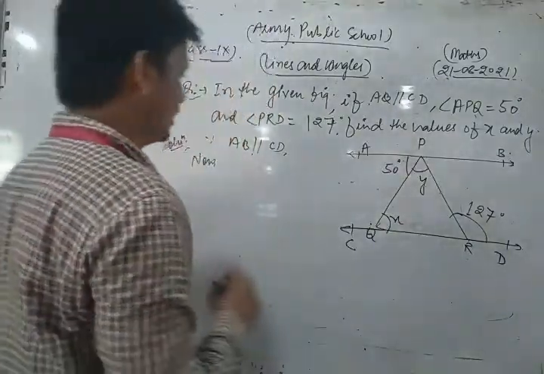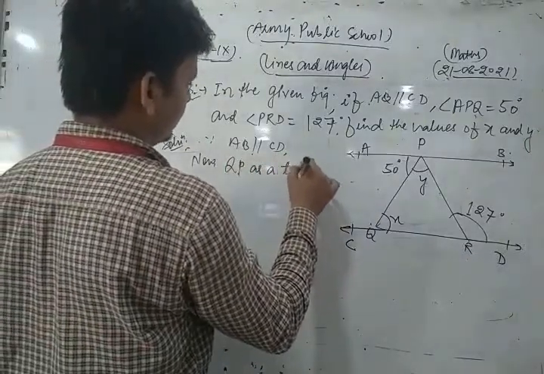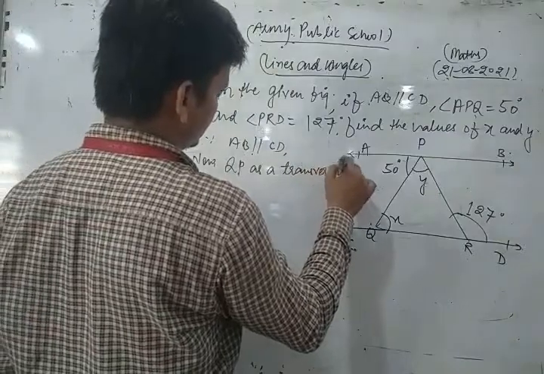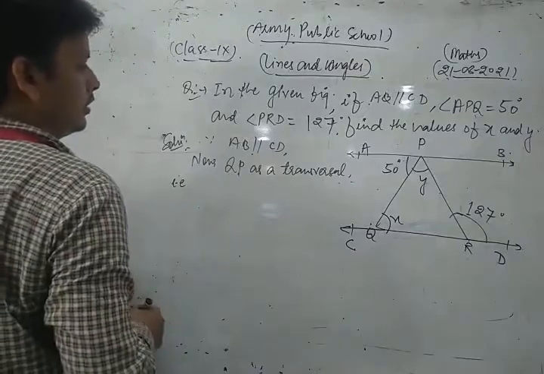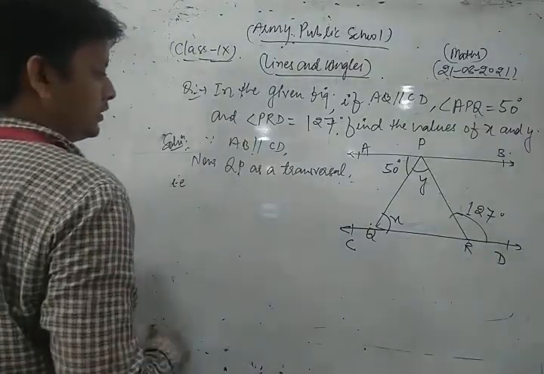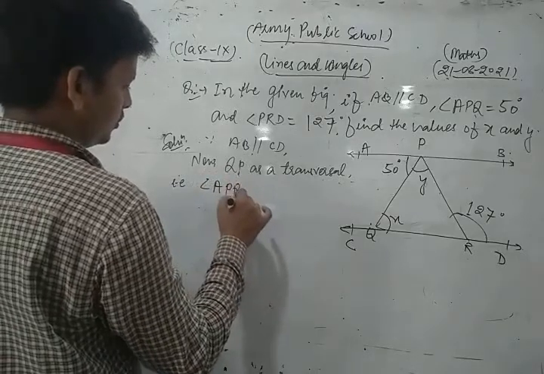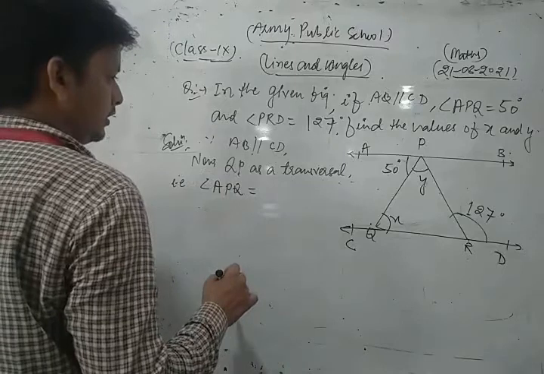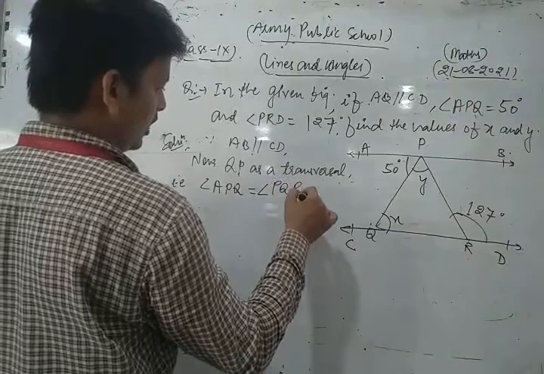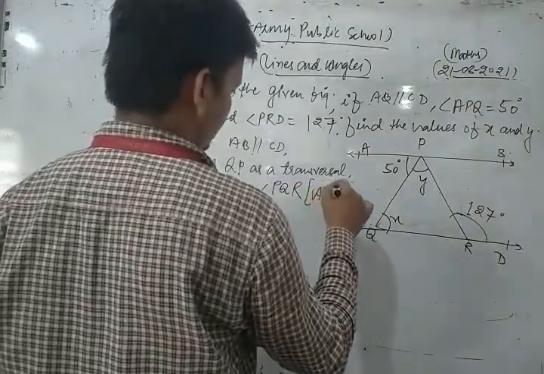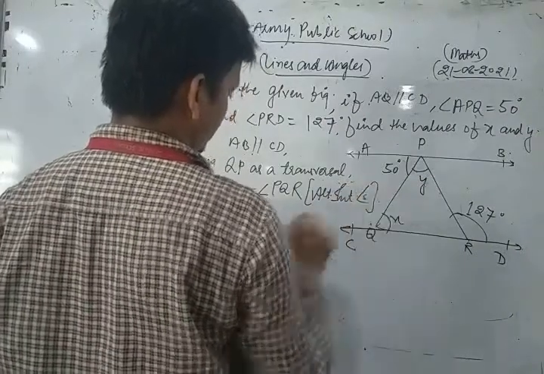Now with QP as a transversal, angle APQ is equal to angle PQR. These are alternate interior angles.